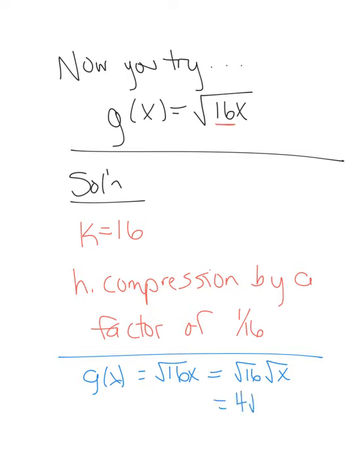So this can become 4 root x. Now that I've done this, I can very clearly see that I have an a value, or a number in front of my function. So I can see that a is equal to 4. This would lead me to know that I have a vertical stretch by a factor of 4.